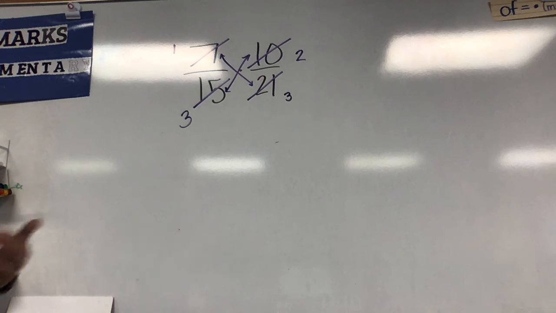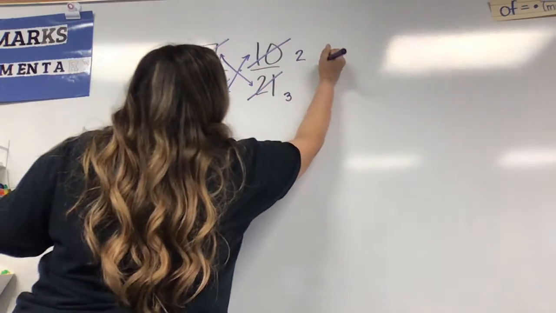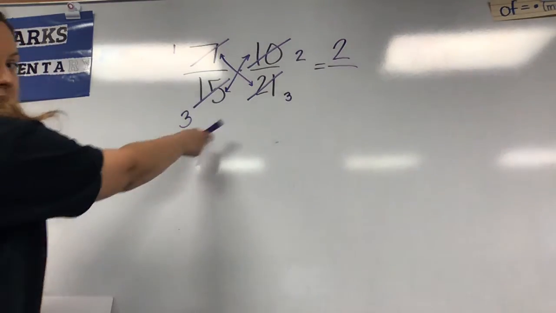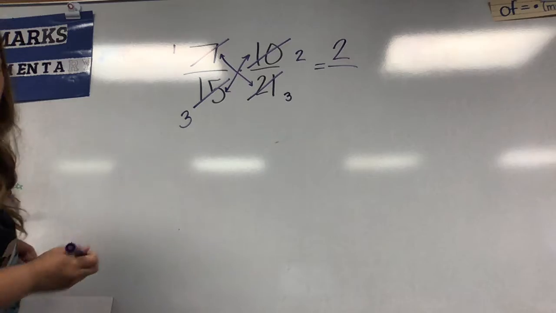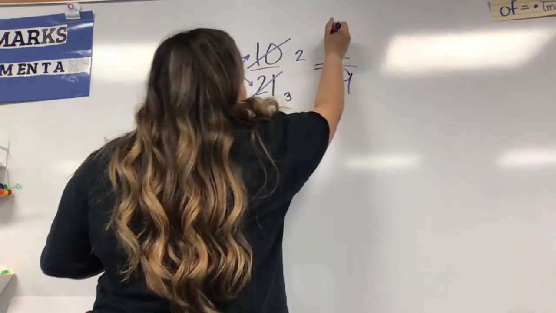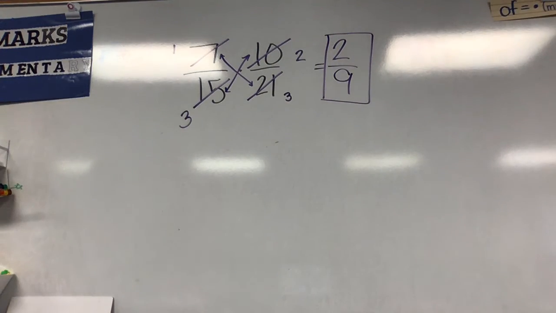Now I have some new numbers. I have 1 times 2, which I know is 2. Then I have 3 times 3, which I know is 9. This right here is your final answer: 2/9.